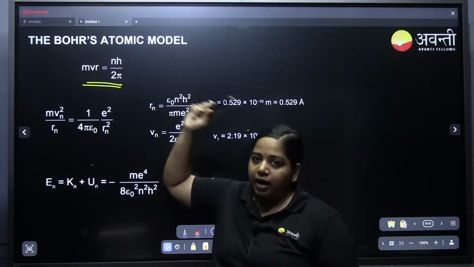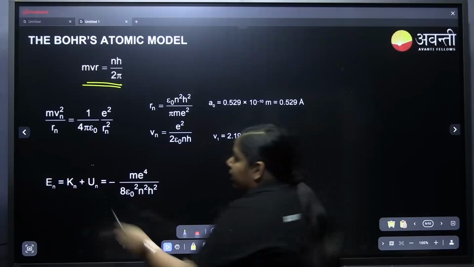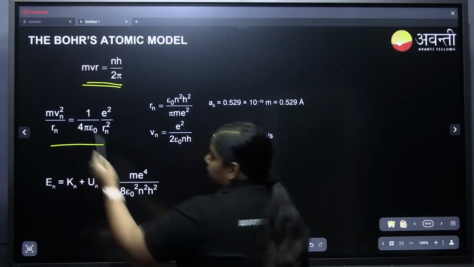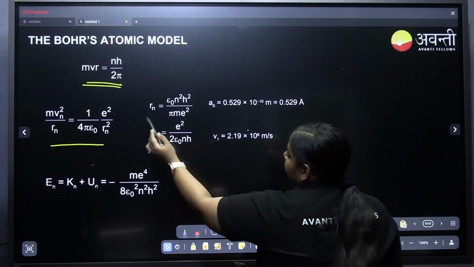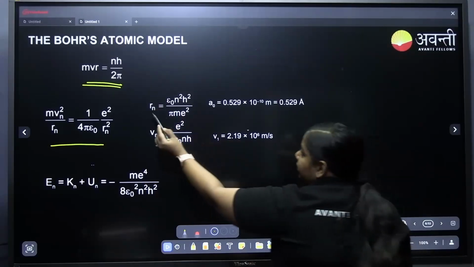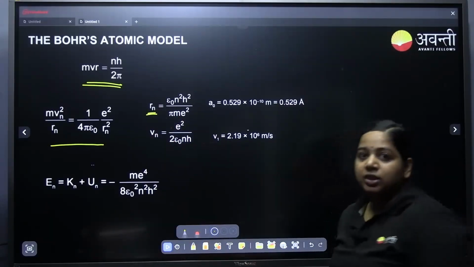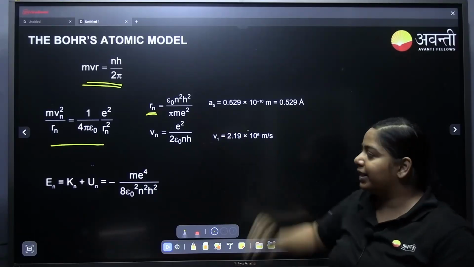Then, based on our previous example with Rutherford, the same way we will apply here. Like at any orbit, what will be the velocity? So combining that equation and this equation, we will get the equation for the radius of the nth orbit. If the electron is in the nth orbit, what will be its radius?